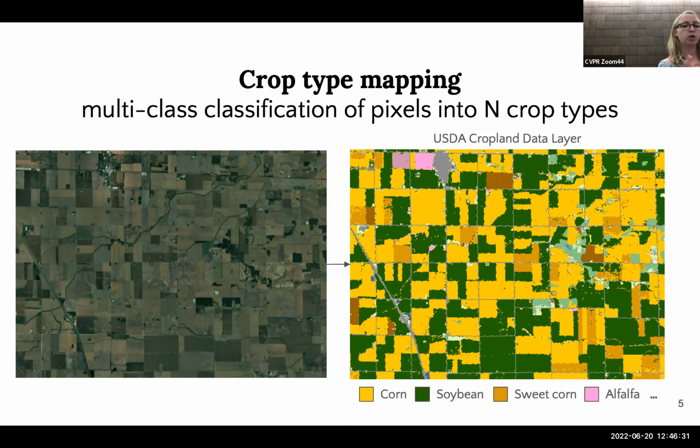There are classes of corn, soybean, sweet corn, alfalfa, wheat, water, all kinds of things, over 100 crop types growing in the US that are available every year in that map. So that's the kind of result that we're trying to get. We input the satellite data and now we get a prediction of one of N crop type classes.